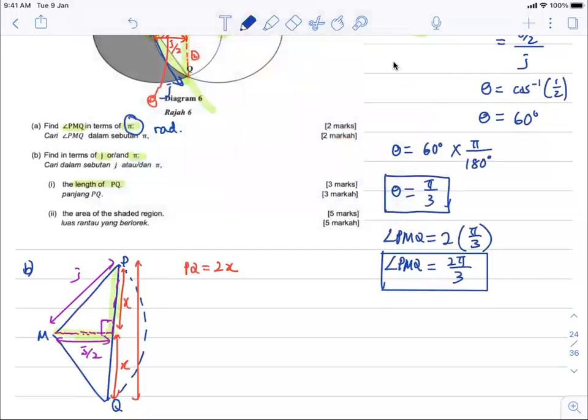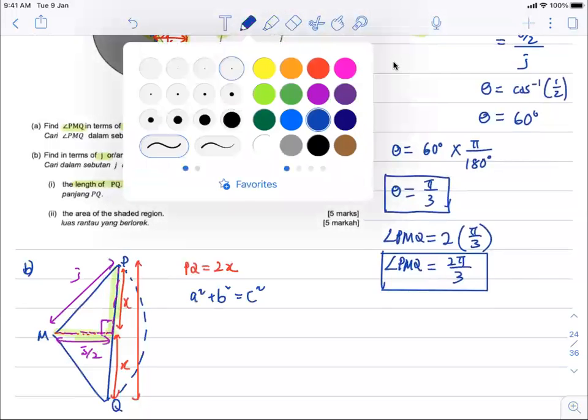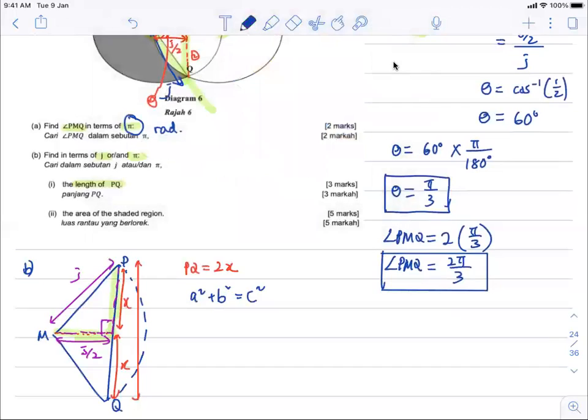Pythagoras theorem is the formula a squared plus b squared equals c squared. So in our case, x squared plus (j/2) squared is equal to j squared. So x is equal to the square root of j squared minus (j/2) squared.